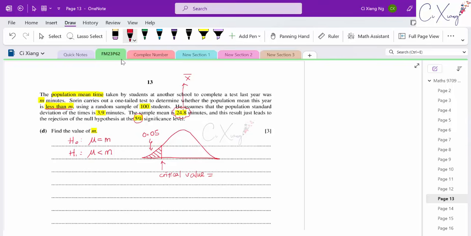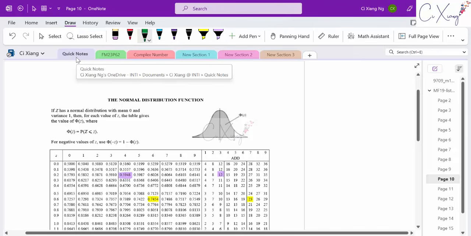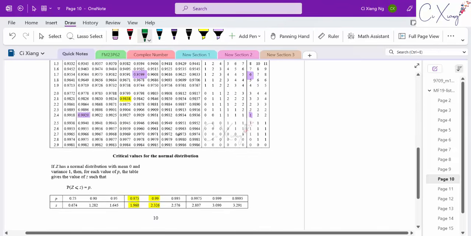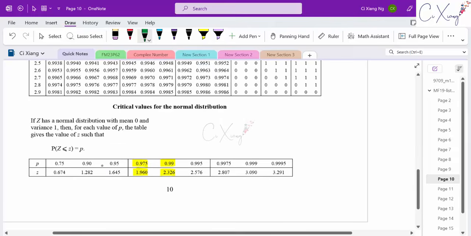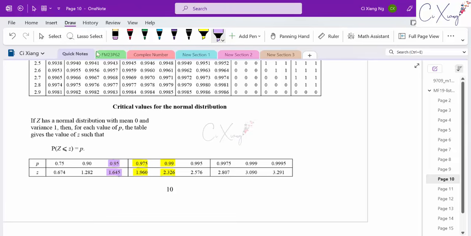To find this critical value, I can't get it from the 0.05 area, so I should look for the 0.95 area. So again, go to the normal distribution table. The area for 0.95 is actually this one, where the Z value should be negative 1.645.